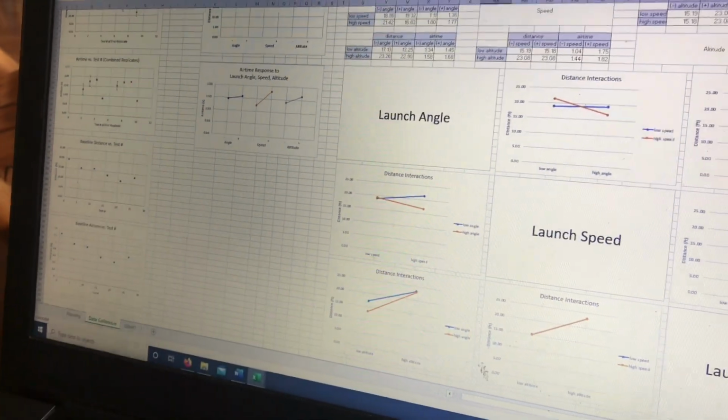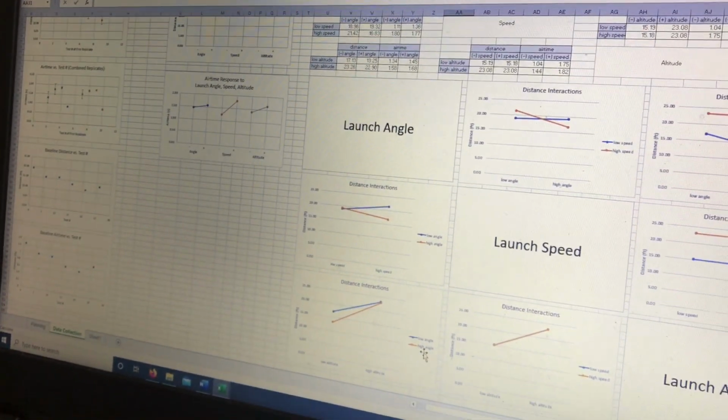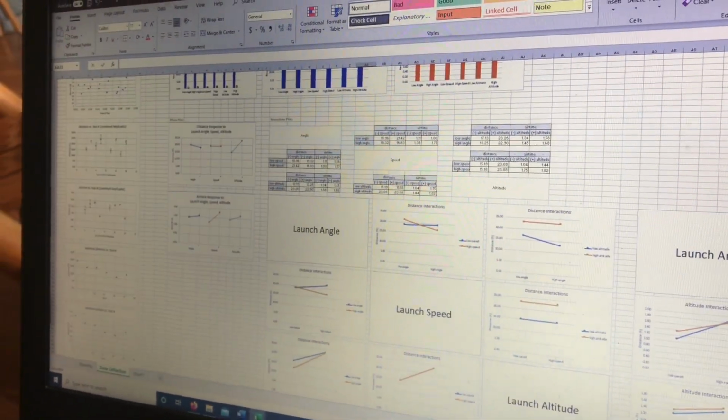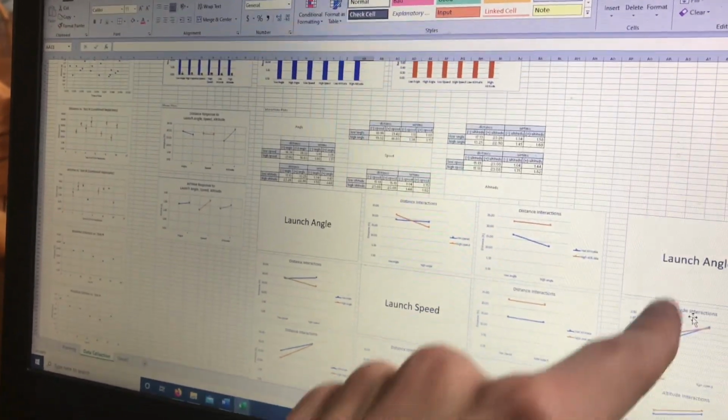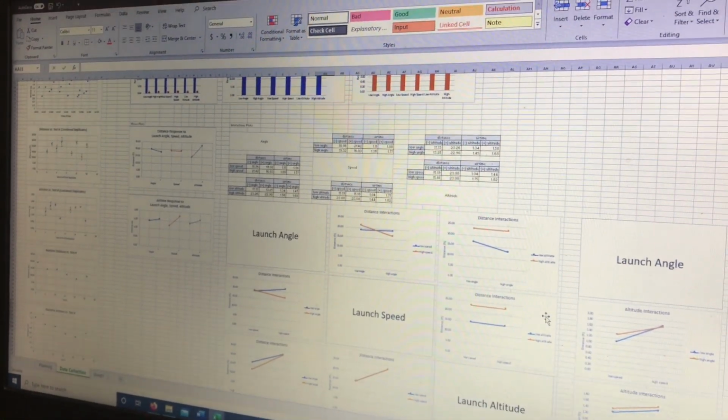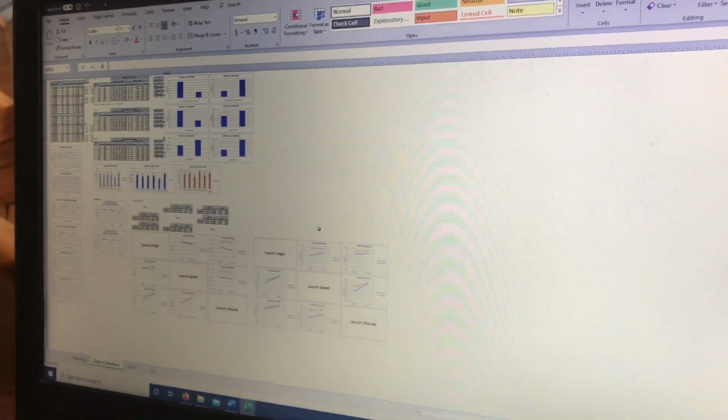That describes the interaction, and these are for distance, and then I also have all of the same graphs for the airtime over here. And that's it. That's everything.